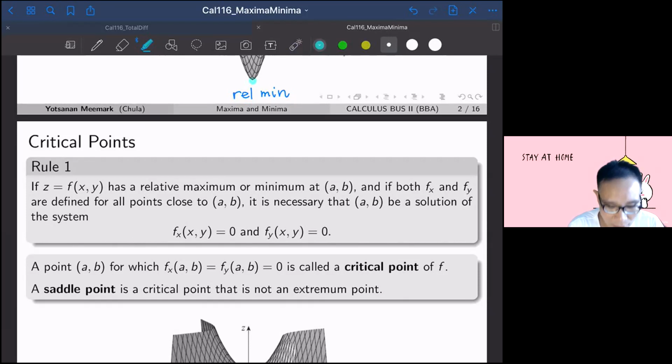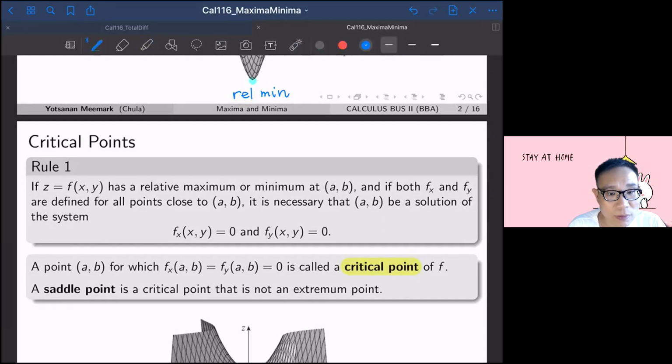We give the name critical point to a point (a,b) that satisfies f_x(a,b) = f_y(a,b) = 0, the point where both partial derivatives are equal to 0.